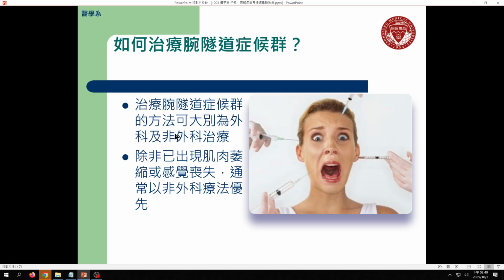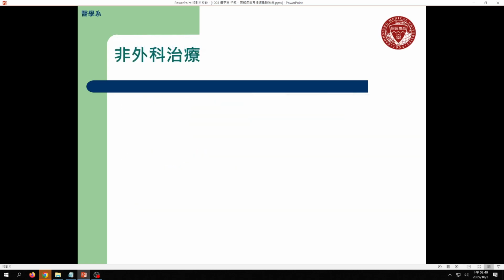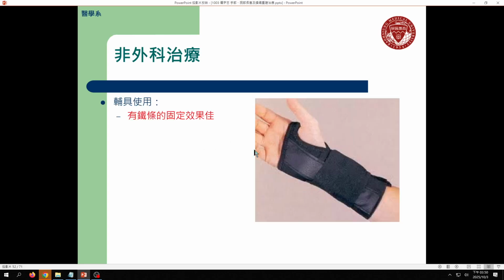And most of them receive injection, or just receive operation, not definitely. If you use conservative treatment, I think that's just conservative treatment. But most of them will not function well, because everybody tends to have to go back to work. Always repeat work. If you want to protect it, you have to use a splint, just like this. And this iron plate, the same.